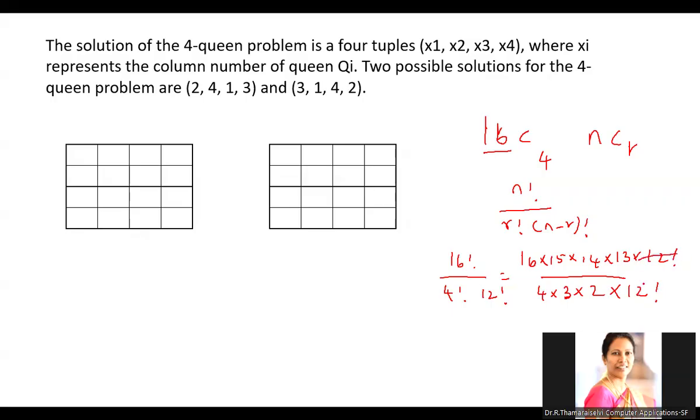So the 12 factorials get cancelled, and 4 4s are 16, 5 3s are 15, and 2 7s are 14. So the result is 4 into 5 into 7 into 13 combinations. That many combinations are there.